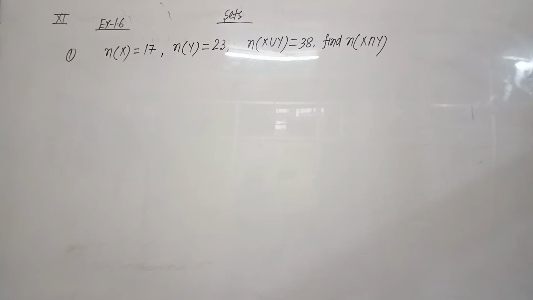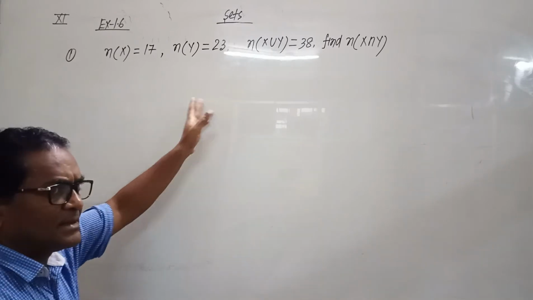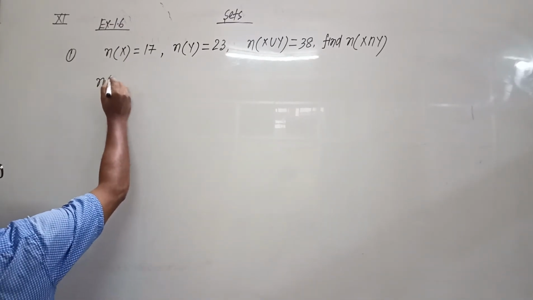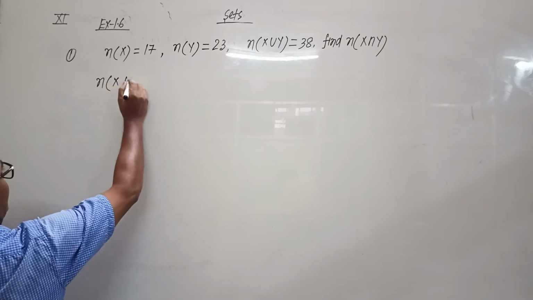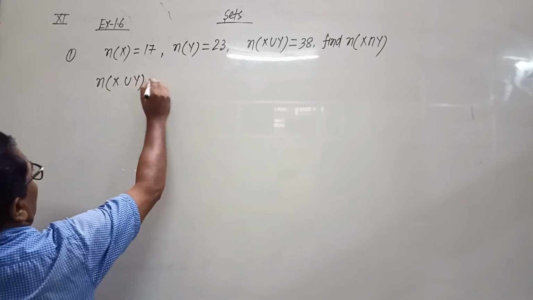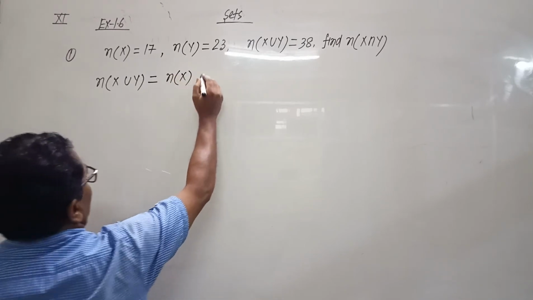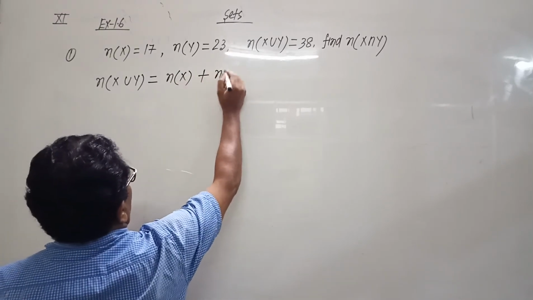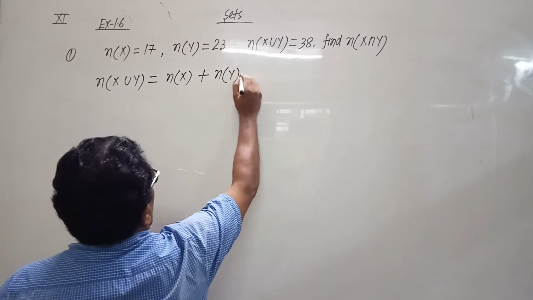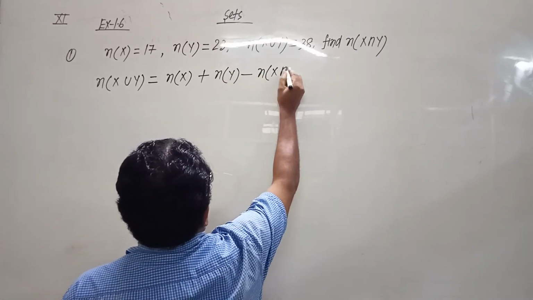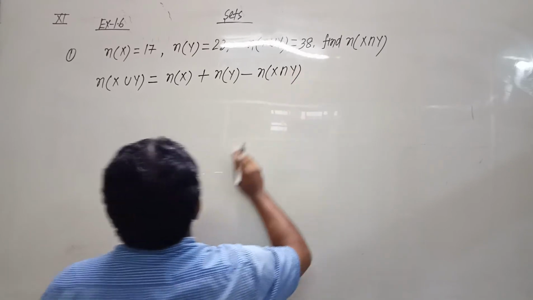n(A ∪ B) = n(A) + n(B) − n(A ∩ B). Here, in place of A and B, we have X and Y. So n(X ∪ Y) = n(X) + n(Y) − n(X ∩ Y).